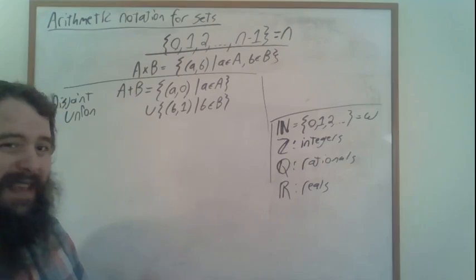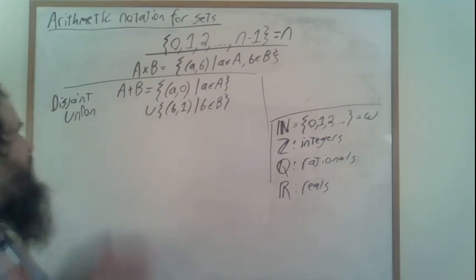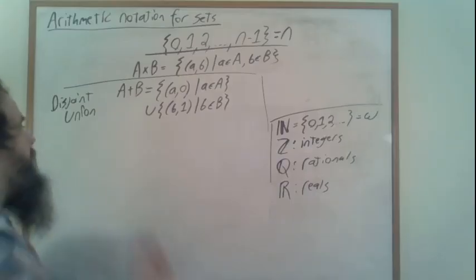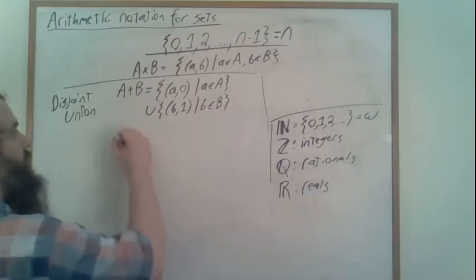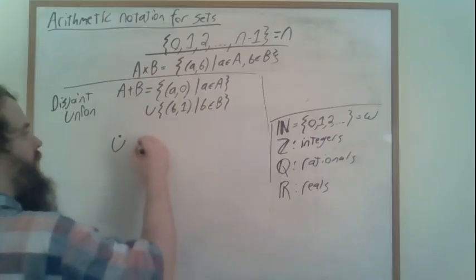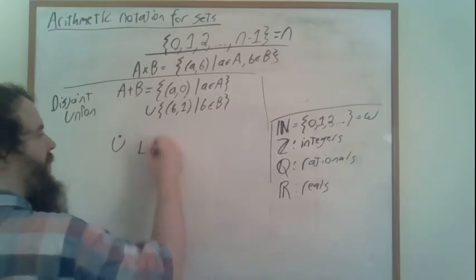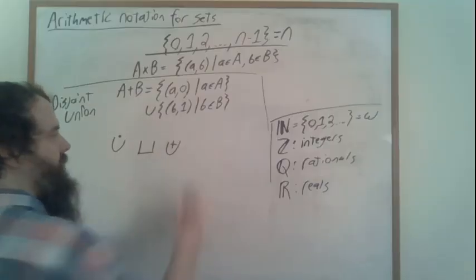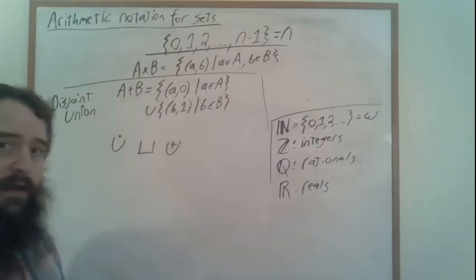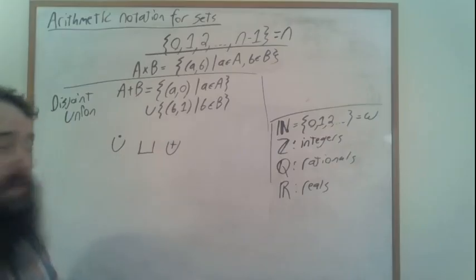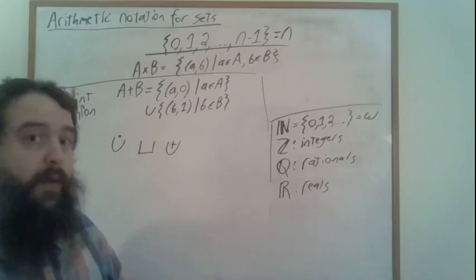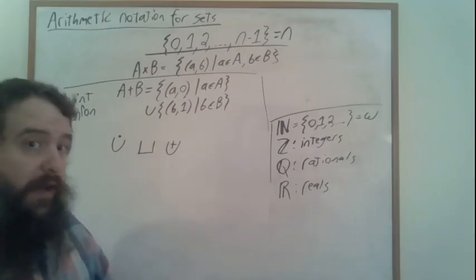Now, this is the iffiest part of this video because this isn't common notation for the disjoint union. More often, I've seen a union symbol with a dot over it, or a square union symbol, or sometimes a union symbol with a plus sign in it for the disjoint union. And I've also often seen the addition symbol meaning something different when combining sets in algebra.